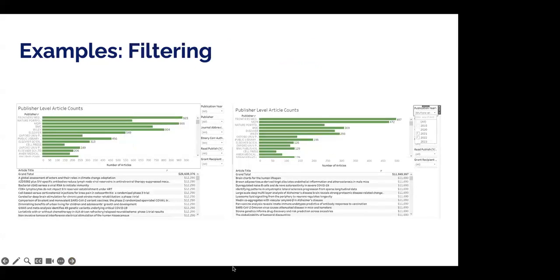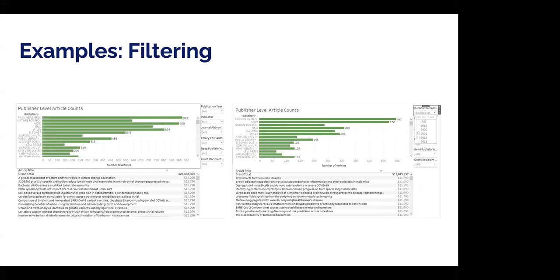So I mentioned filtering, and that's important. That was an important aspect of us being able to make this relatable and useful for the many stakeholders that are part of the community. Just to orient you, if you look at just the left view where it says publisher level article counts, in the top part of the frame, there are those bars. Those bars correspond to the different publishers that are a part of our master data set, we'll call it.